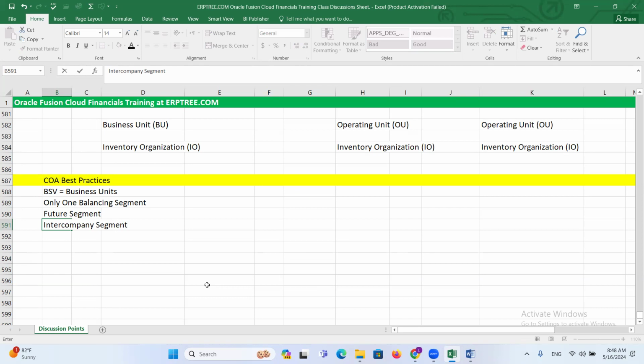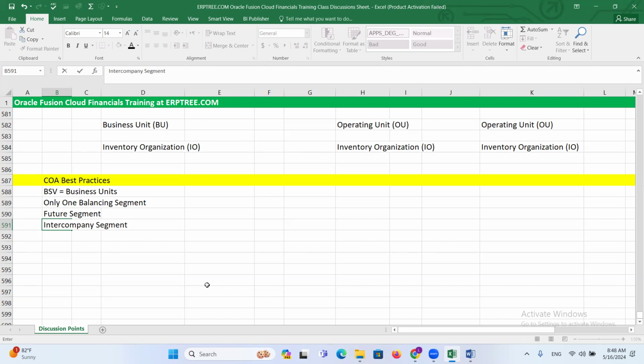Without an intercompany segment, yes, we can record the intercompany transactions in the system, but you cannot have greater visibility of the transactions happening between which companies, and you cannot have proper reporting.